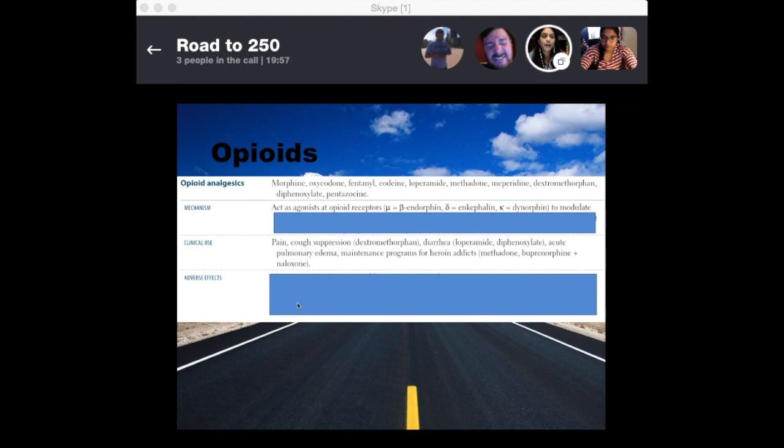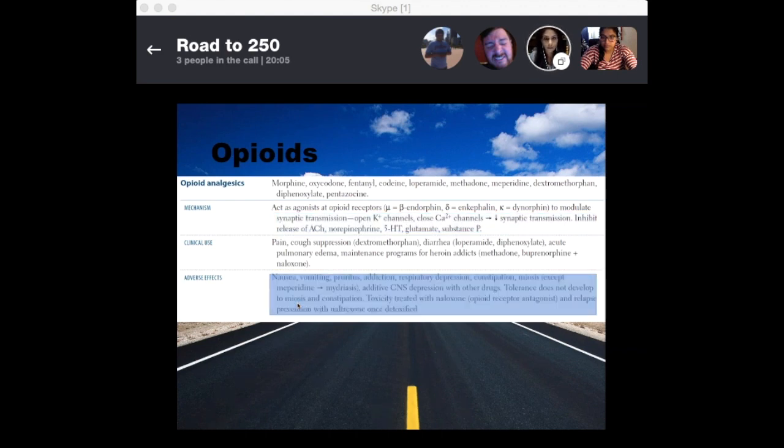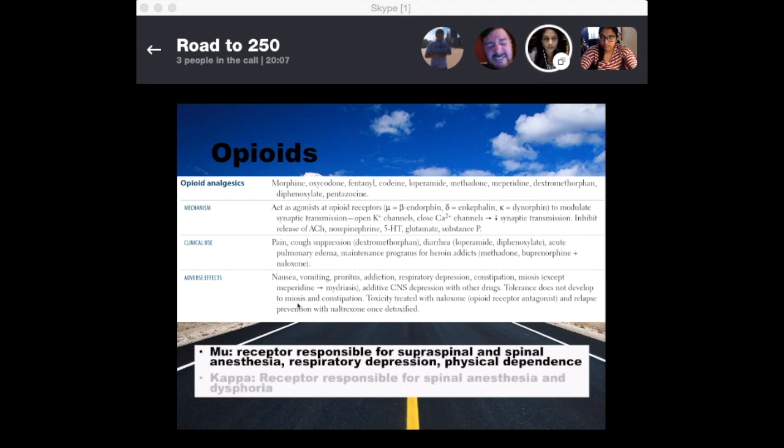And these drugs act as agonists at opioid receptors. Okay, sorry, that's a little off. But so our opioid receptors are going to be mu, delta, and kappa.